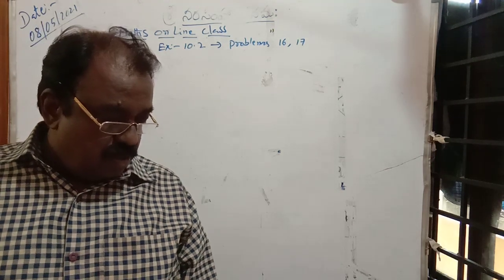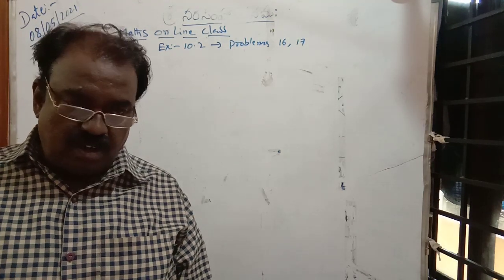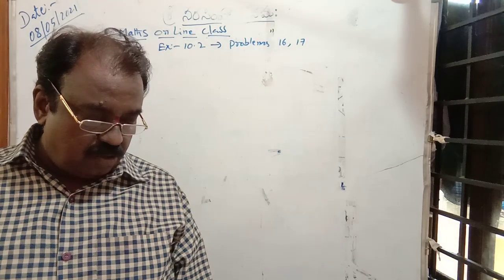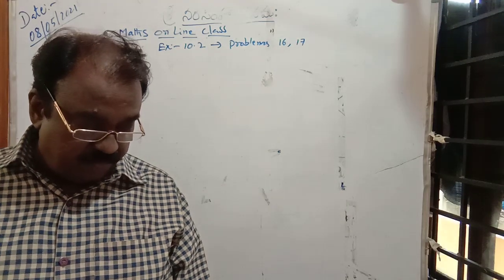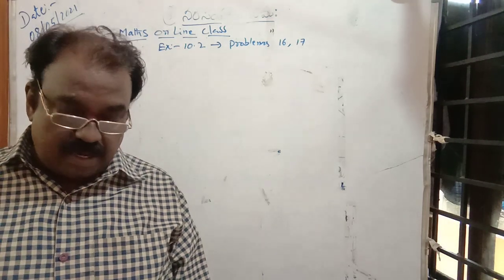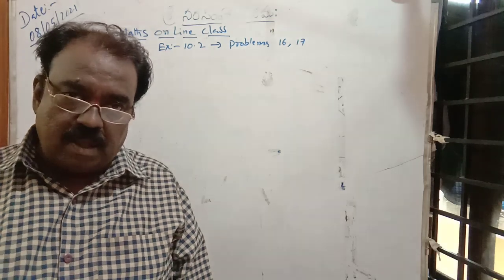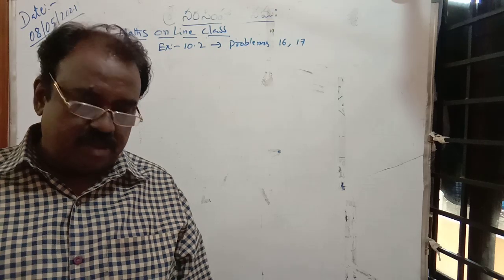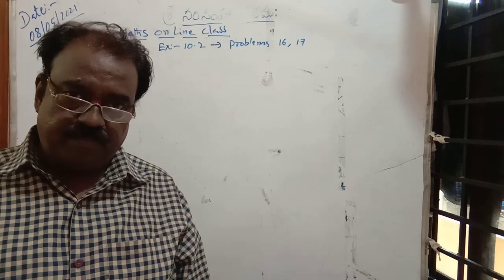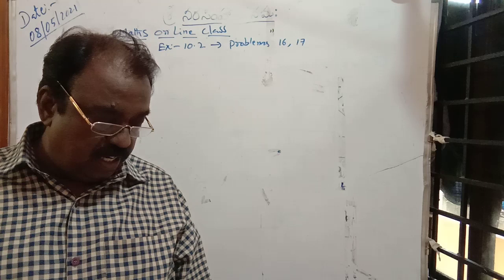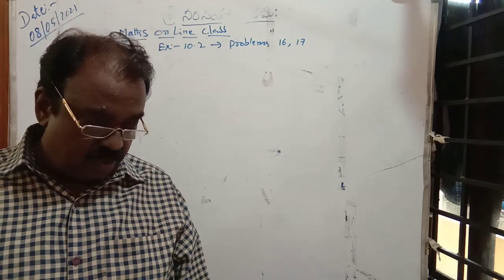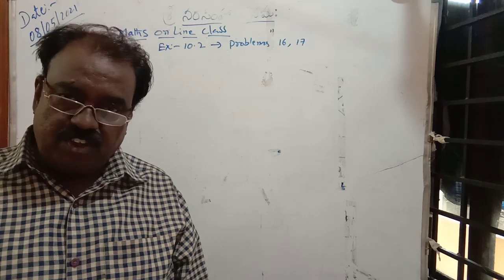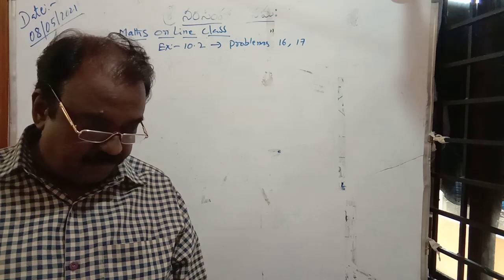Okay, students, 17th problem. 16 is over, 17th problem. The owner of a milk store finds that he can sell 980 liters of milk each week at the cost of 14 rupees per liter, and 1220 liters of milk each week he can sell at the rate of 16 rupees a liter.